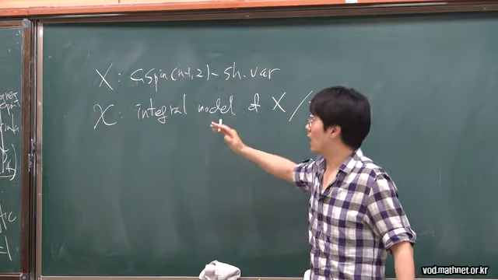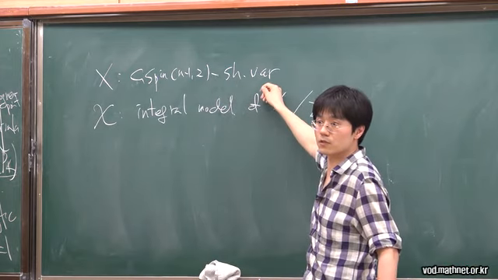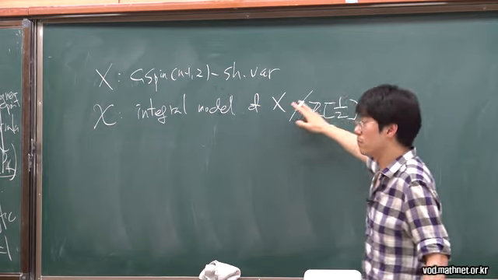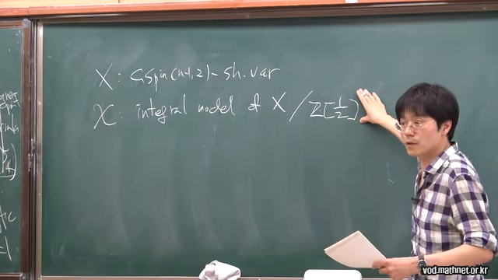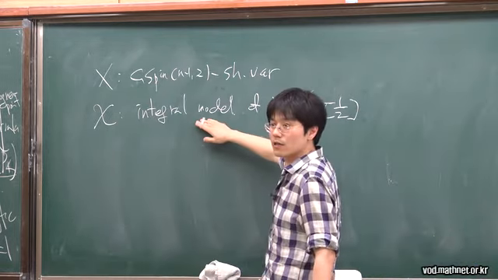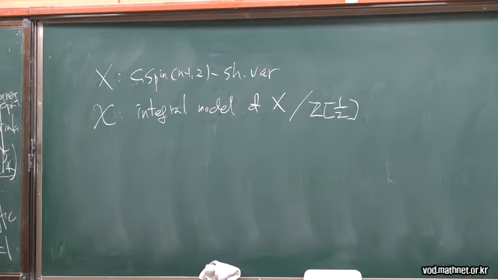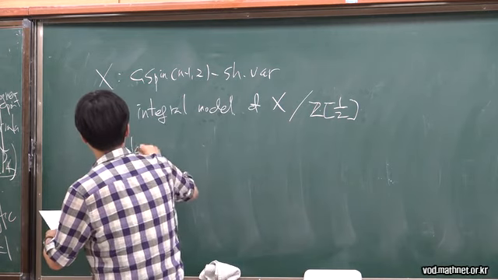It is not clear how to define an integral model of these GSpin Shimura varieties because they are not of PEL type. This first problem was solved by Kisin in 2010 in a Journal of the AMS paper. Now we know how to do that, but it is very, very technical. Eventually, we want to show that a certain generating series is modular, so we need a very concrete model. Then in this case, this is Kudla's conjecture.